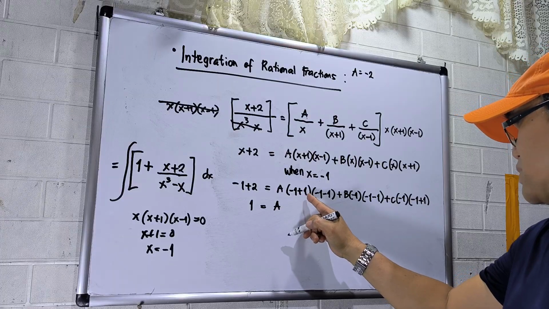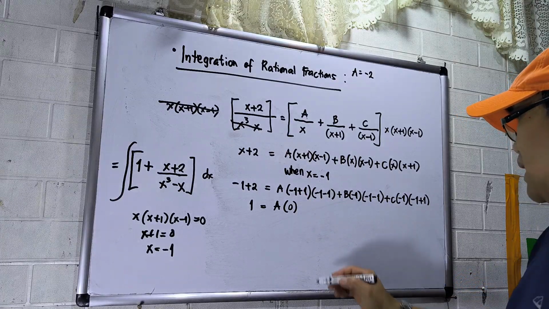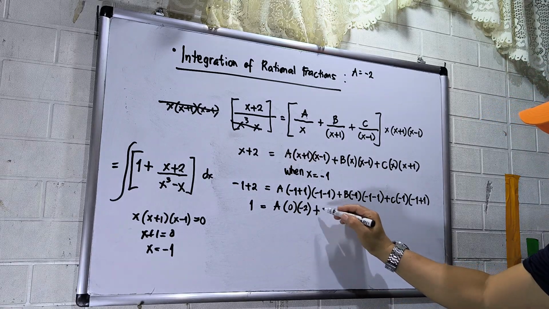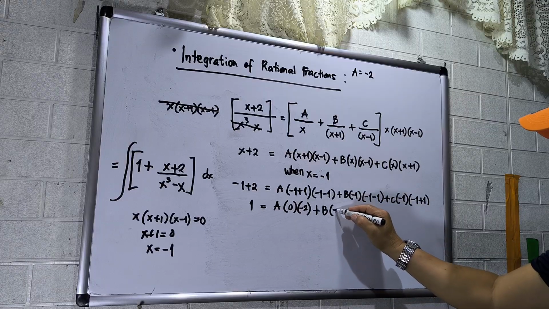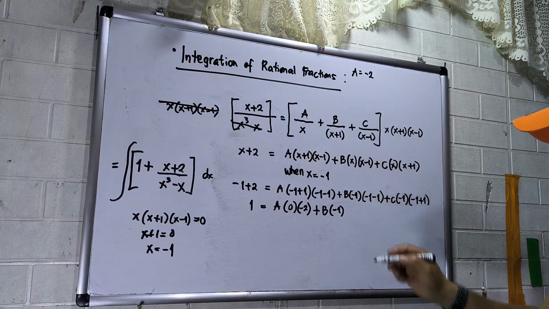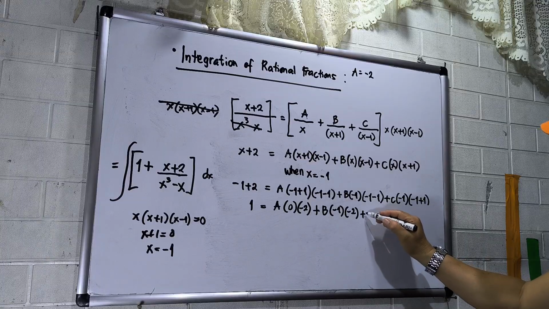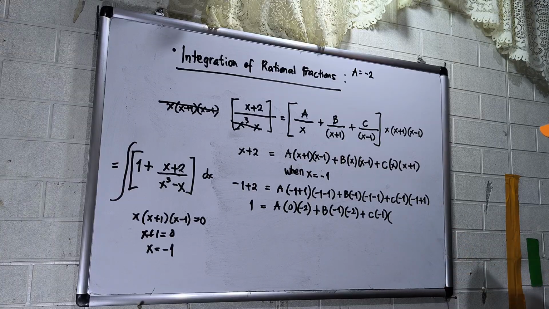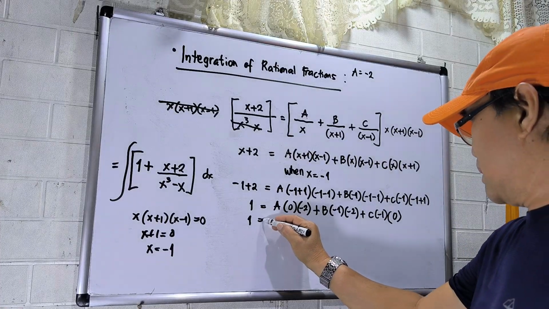Negative 1 plus 1, that will be 0. Negative 1 minus 1, that will be negative 2. Then plus b, negative 1 minus 1, that will be negative 2. Then plus c, negative 1 plus 1, that will be 0. So this will be 1.